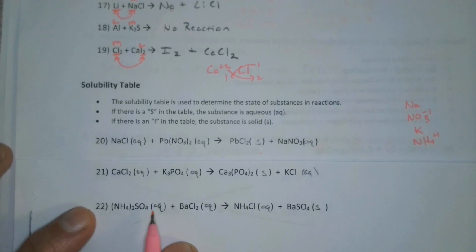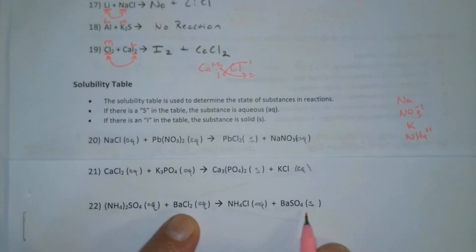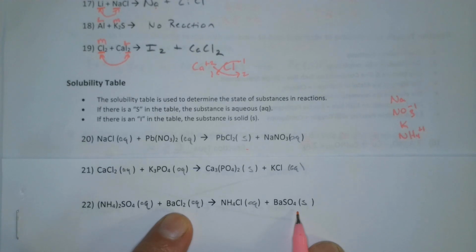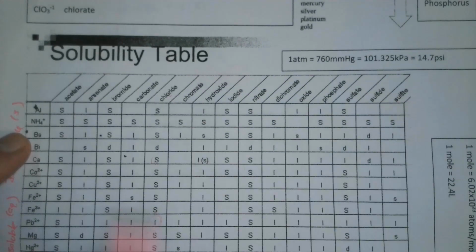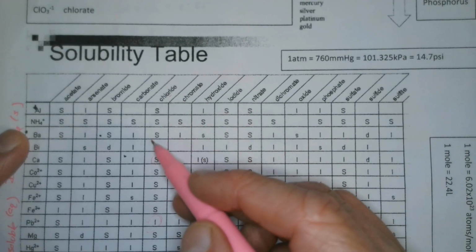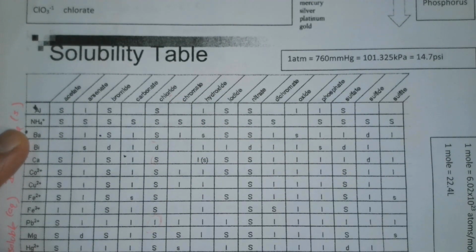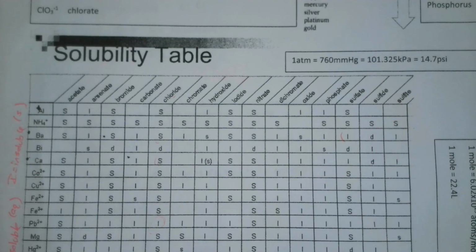NH4 is automatically an AQ, so it's just these 2 things that we're worried about. The barium chloride and the barium sulfate. There's barium. Barium chloride is an AQ. Barium sulfate is an S, a solid.